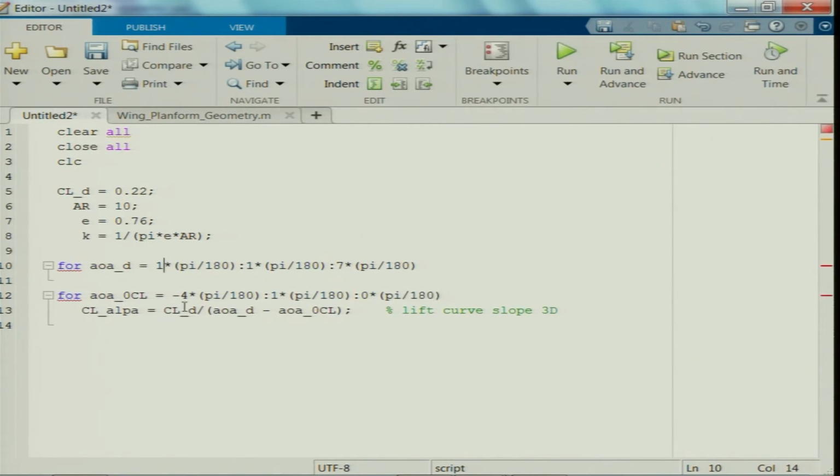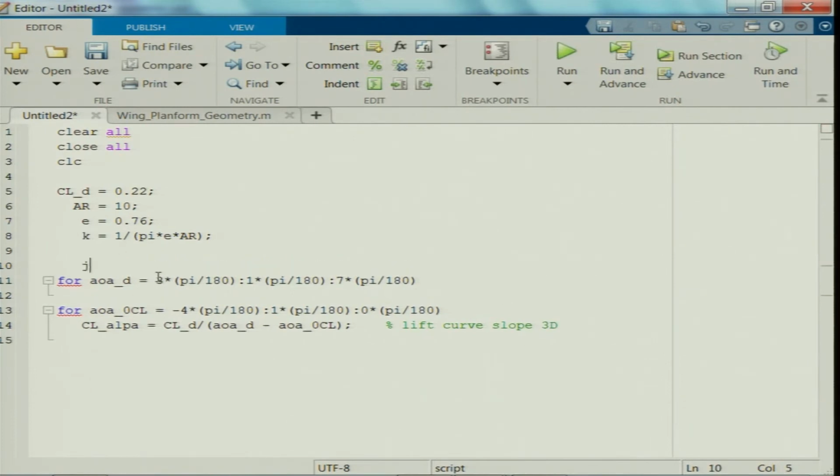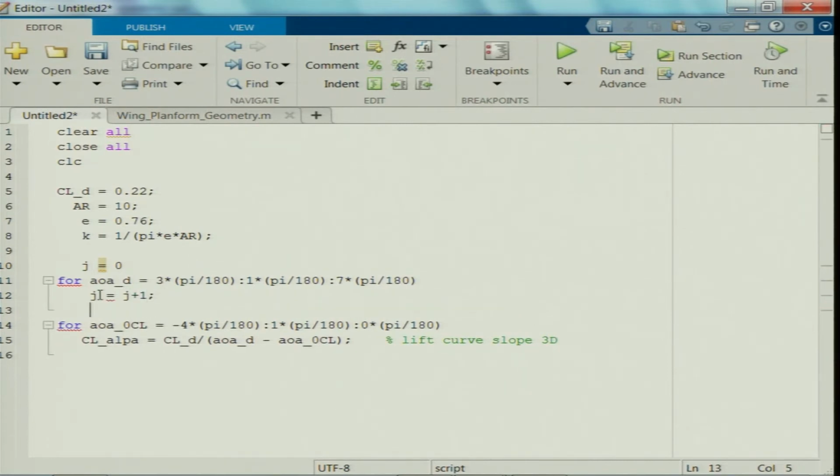This is in general from 2 degrees or 3 degrees at least design angle of attack, otherwise there is no use, right, we can't effectively use the CL, maybe from 3 degrees to be frank. So, that makes sense. So, let me introduce the variables of this iteration. So, j is equal to 0. So, it becomes j is equal to j plus 1 inside this loop.